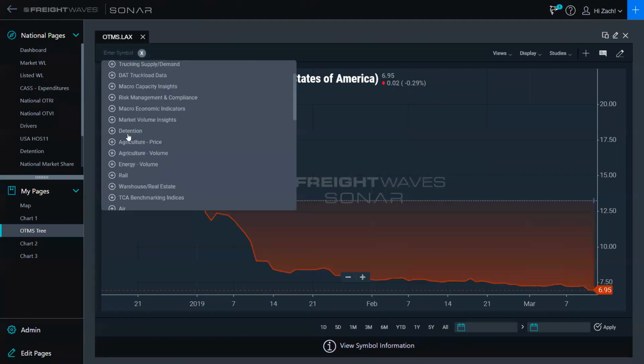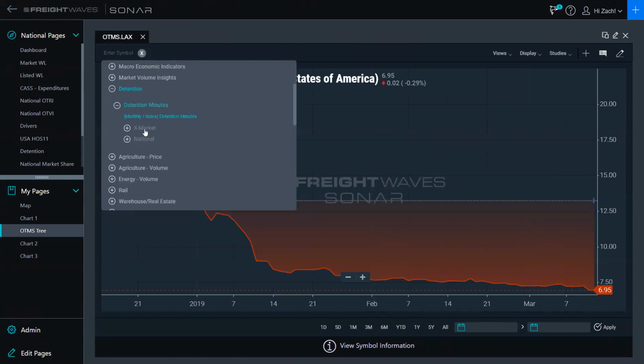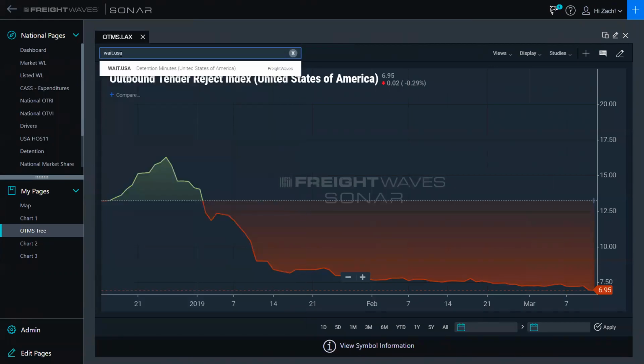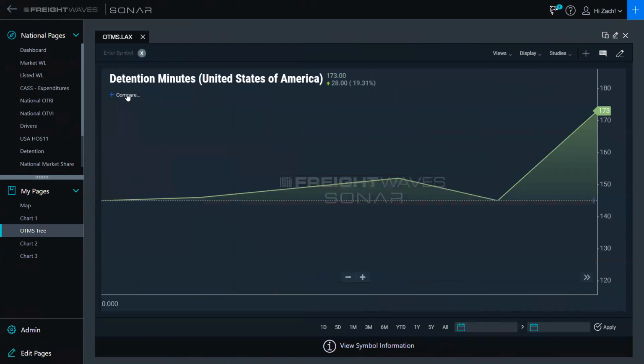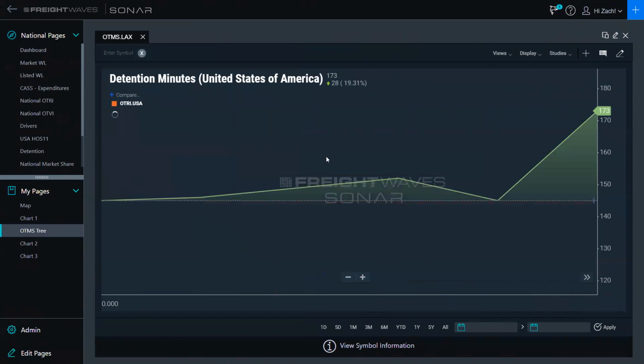The detention information, we actually noticed had a big correlation with volumes falling down and the market falling down on us. And actually, I'm going to do that with the tender rejections.